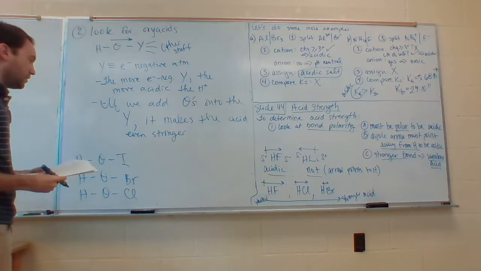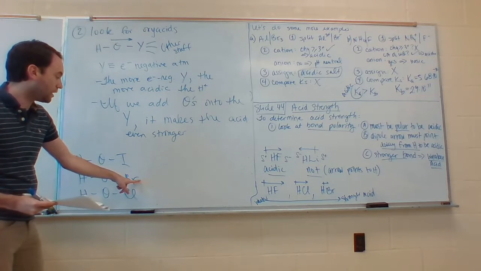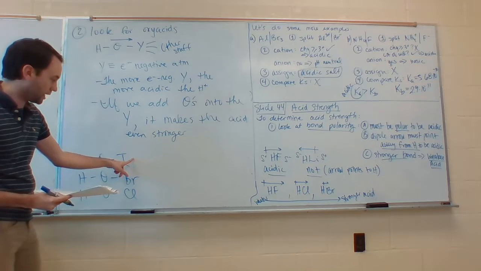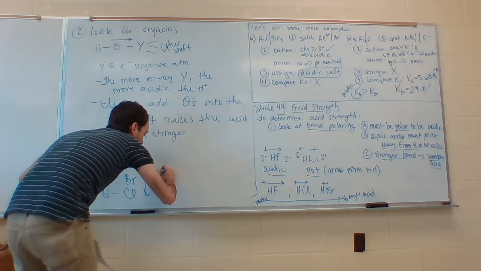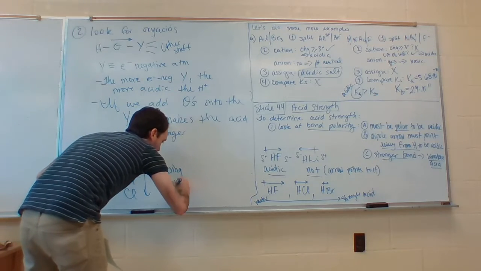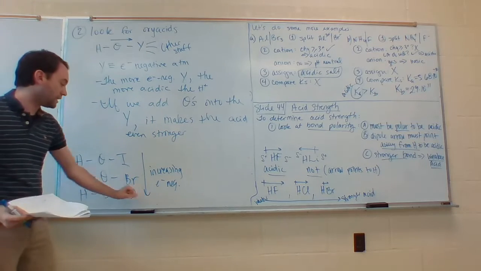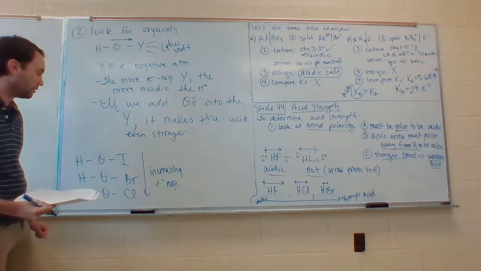HOCl, okay? Well, chlorine is more electronegative than bromine, which is more electronegative than iodine, right? So we have increasing electronegativity. Okay, that means that my chlorine wants the electrons more than the bromine, which wants the electrons more than the iodine. Okay?